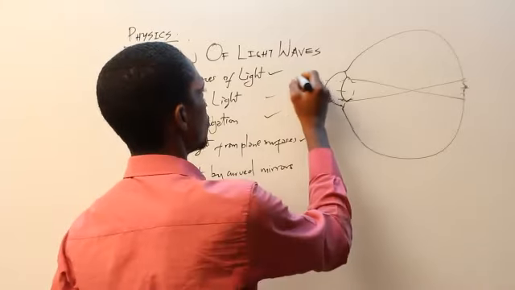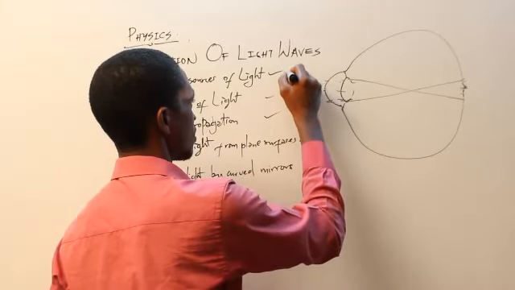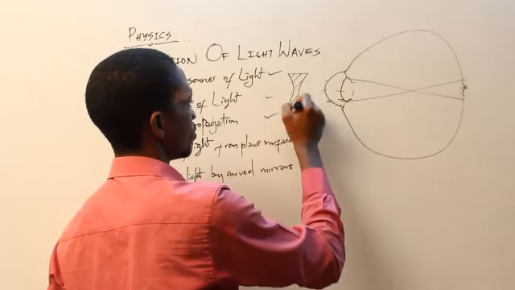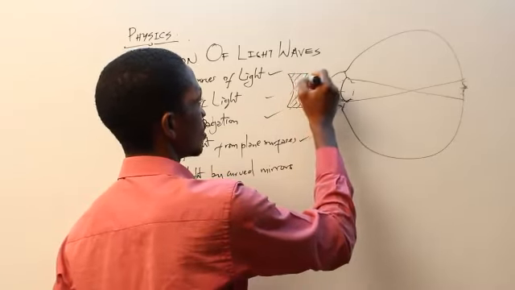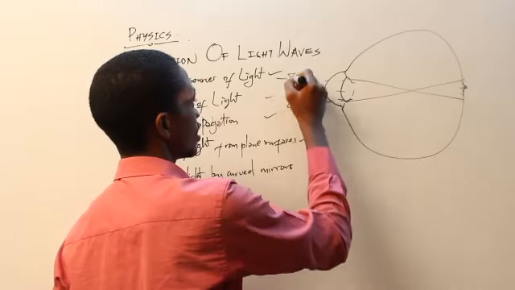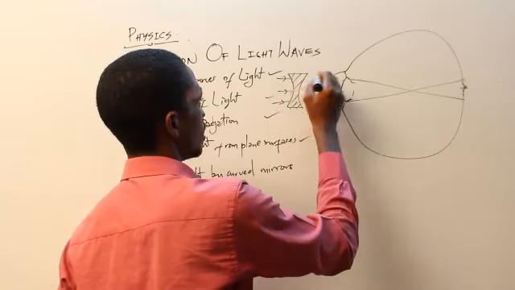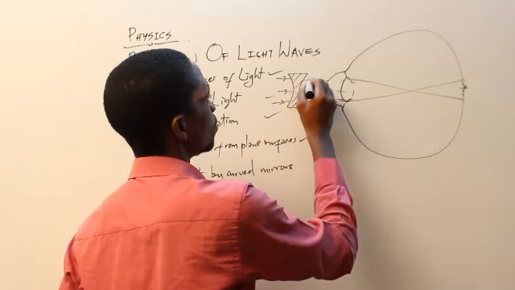That's why the use of concave lens is adopted for them. And in this case, let's say this light is coming, the light enters this way, and it scatters more.